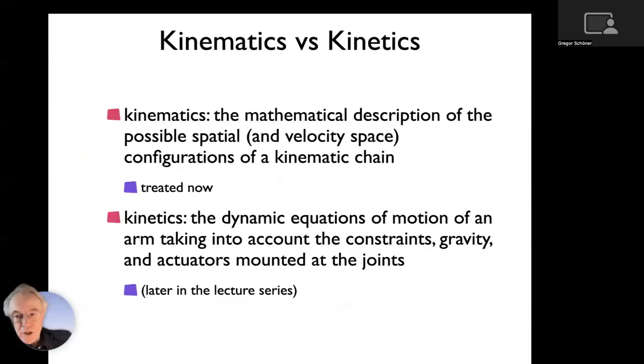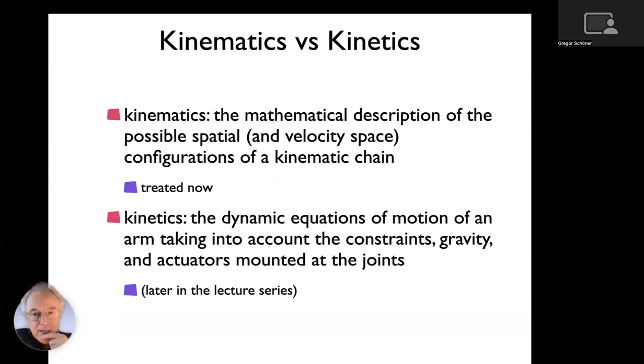Okay, so understanding how to mathematically characterize the different configurations of a kinematic chain, and that means for us both just the spatial configuration and its rate of change, its velocity. That's what is called kinematics. In the textbooks, you will see there's a chapter on kinematics, and I'll explain that a little bit now.